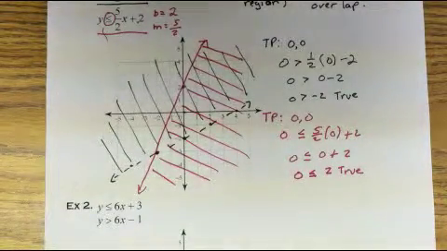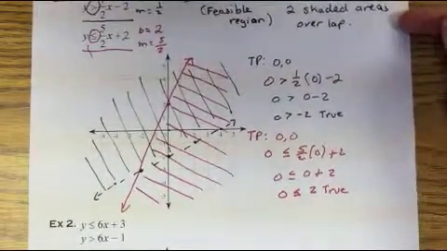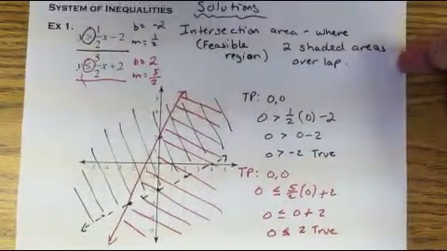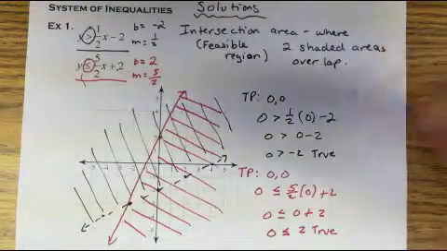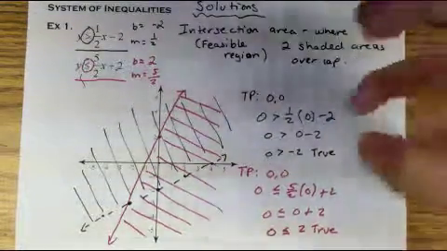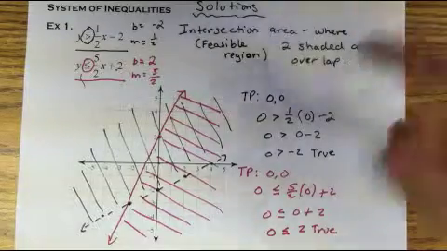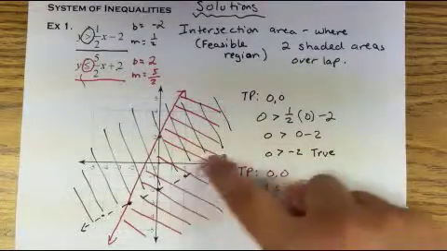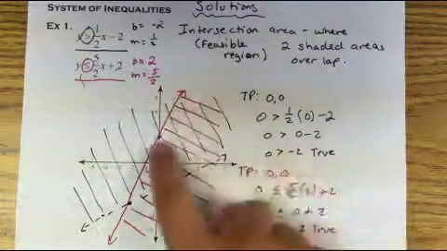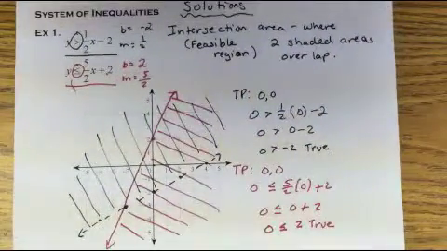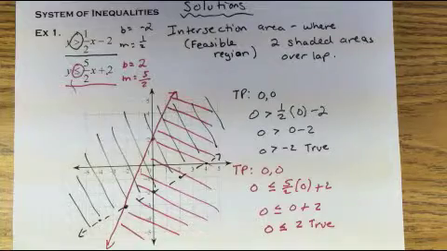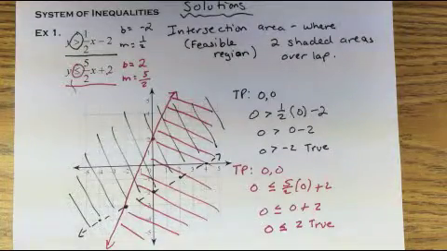Check this out, guys. Where do we have a solution? Well, when the two shaded areas overlap. So where does the black and the red overlap? That's right, look at right here. I see some black and red just in this area. I'm going to make this darker for you guys so that you can see it for the first time, but I'm not going to do this every time.